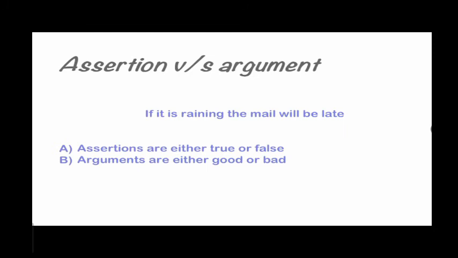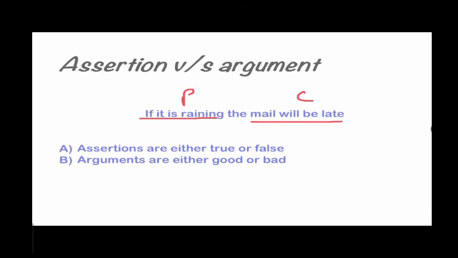Okay, as promised, here is something to challenge you. Here is a statement: if it is raining, the mail will be late. So tell me, is this an argument or an assertion? Some of you might have said this is an argument because it has a premise and the conclusion.